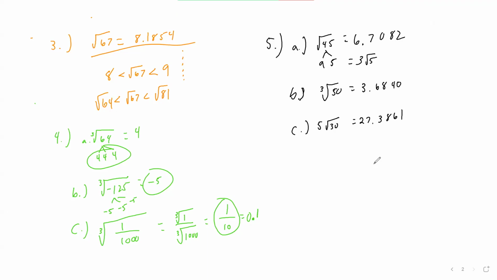It's the square root of 30, because the 5 is on the outside. So you can't do 5 times 30. You have to do 5 times the square root of 30. And the square root of 30 is 5 point something.